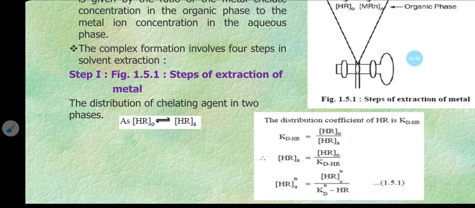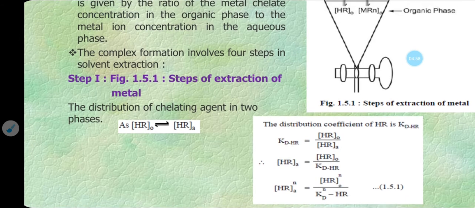So in the first step, the chelating reagent is added into the organic phase, then it starts to distribute. The first equilibrium maintained is the concentration of chelating reagent in organic in equilibrium with the concentration of chelating reagent in aqueous.